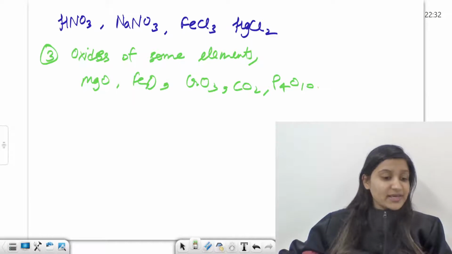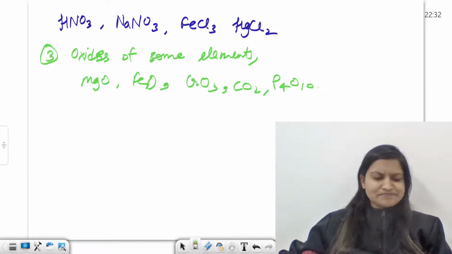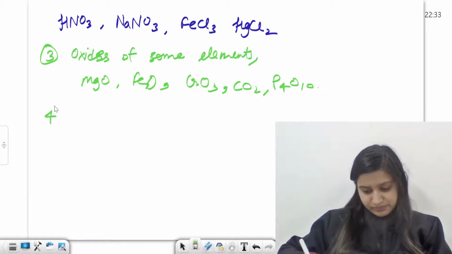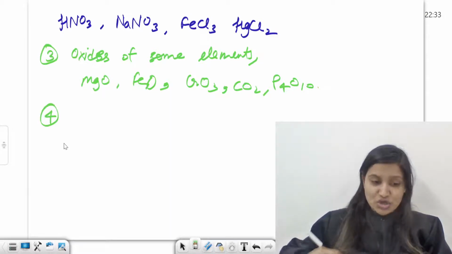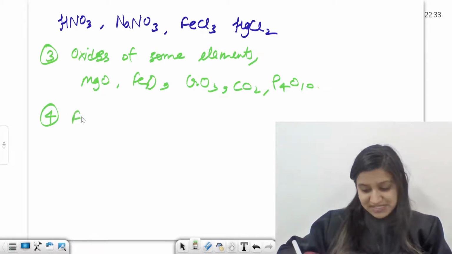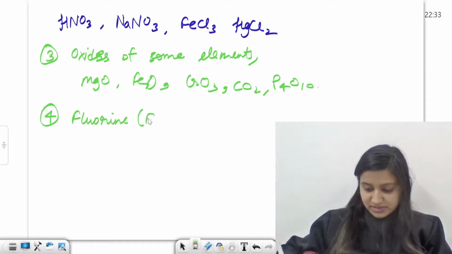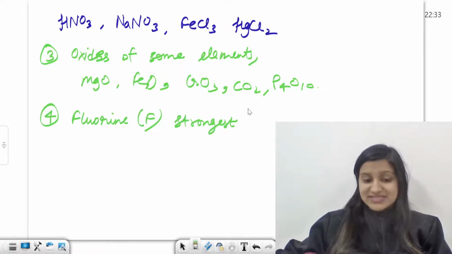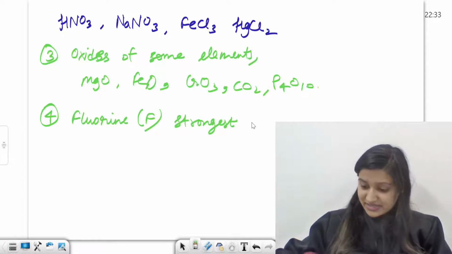What else can we write? Fluorine. Please note this: fluorine, F, is the strongest oxidizing agent.